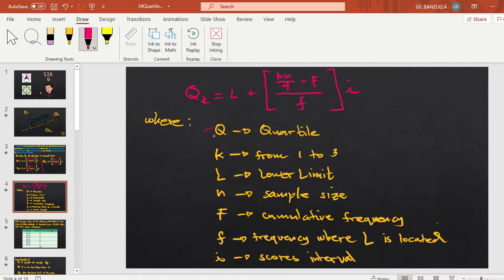Again, Q is for quartile, k is from 1 to 3, L is the true lower limit, of course, N is the sample size, F is the cumulative frequency. I've discussed how to get that cumulative frequency. Small letter f is the frequency where the lower limit is located, so I'll discuss it later, and I is for the scores interval or the class interval.